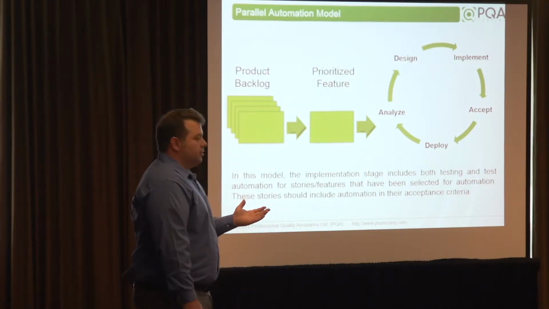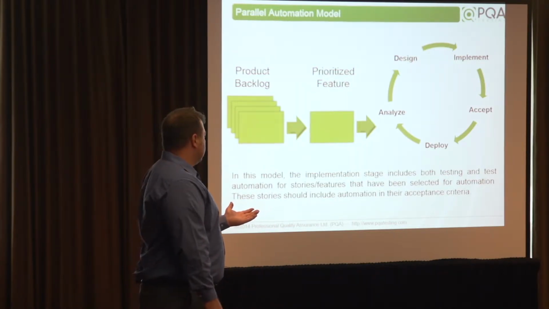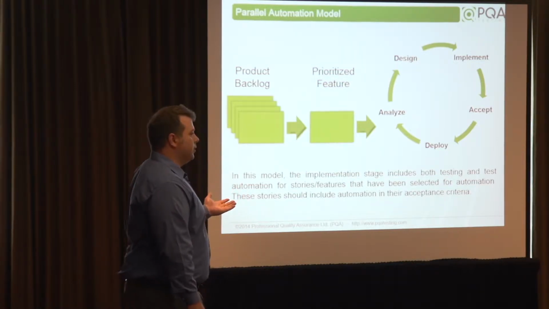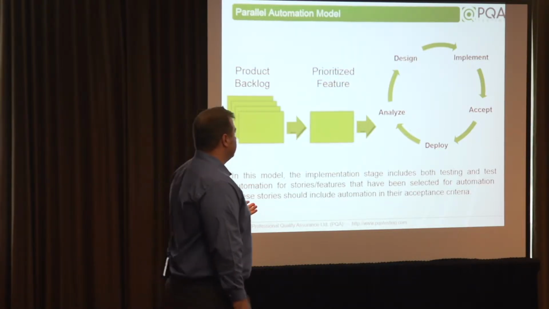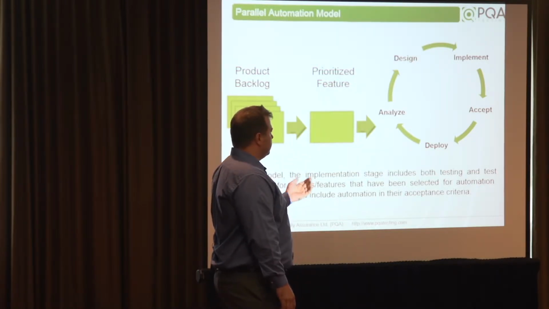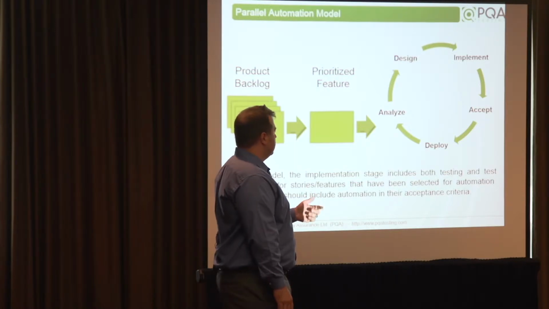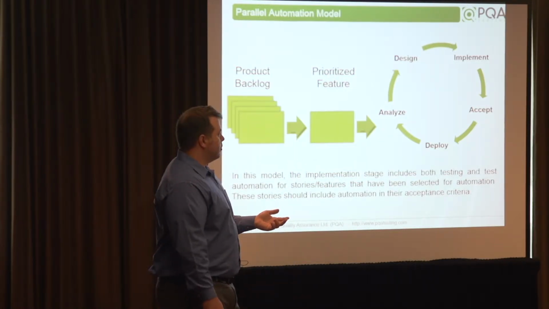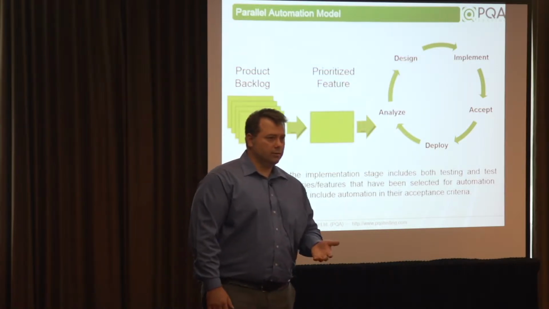If anyone's done or looked at automation work before, this image may be familiar to you. We have a product backlog. Features come out of that backlog. Prioritized features come out into a sprint. They're analyzed, design work happens, and features are implemented, accepted, and hopefully deployed.